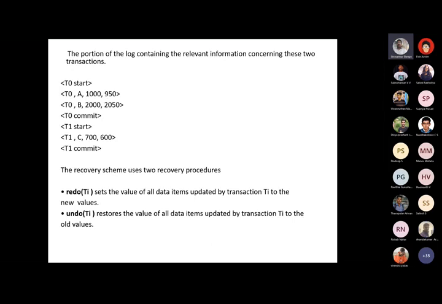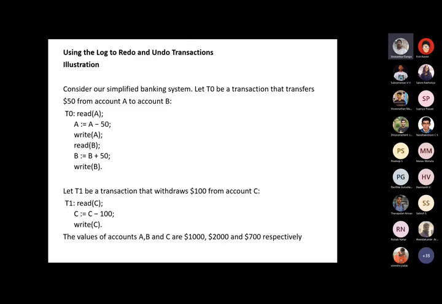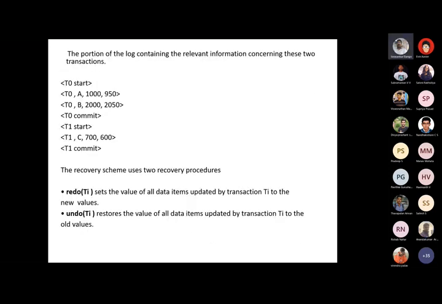So you have the T0 commit operation, and then transaction T1 starts. Again you have the transaction identifier, data item, old value of the data item and new value of the data item. So T1 is the transaction identifier, the data item is going to be C, the old value is going to be $700, and the new value is going to be $600.